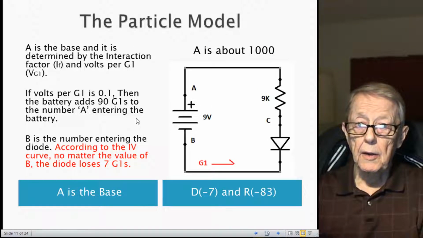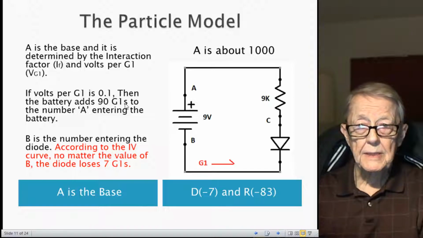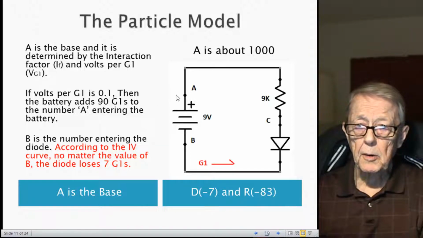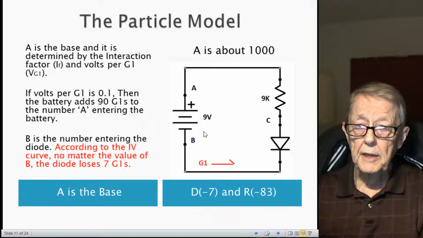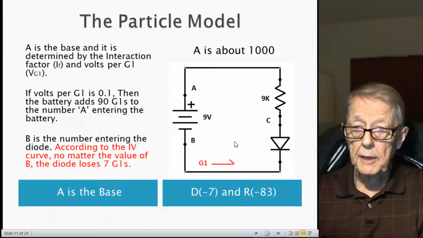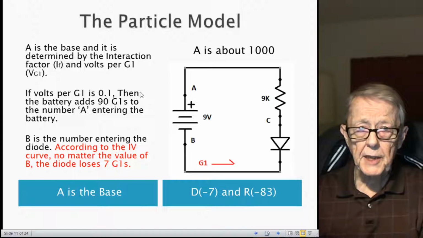Now, this is the particle model circuit. In the particle model, we don't have current flow, we have G1 particle flow. And I've designated the number of particles by letters A, B, and C, because they are different.